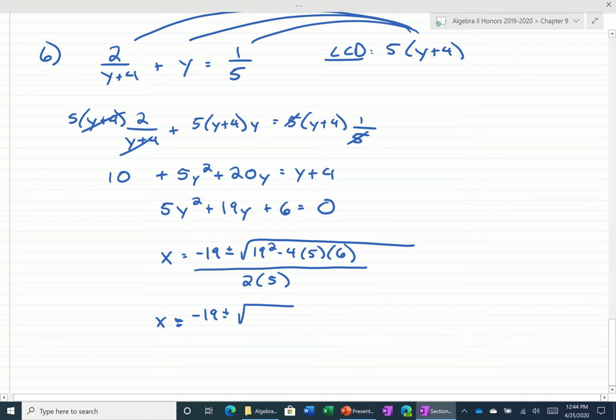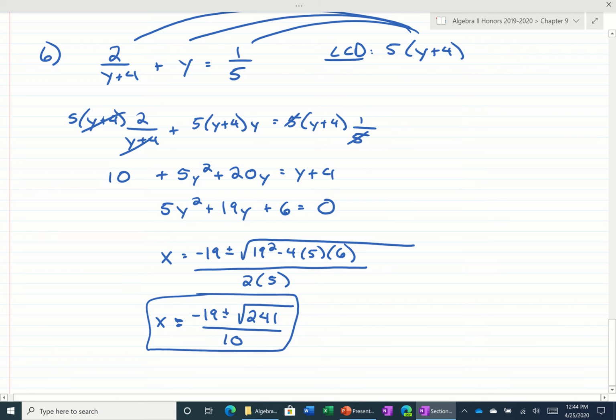Let's see here. 19 squared minus 4 times 5 times 6 is 241. So that should be the answer for number 6.